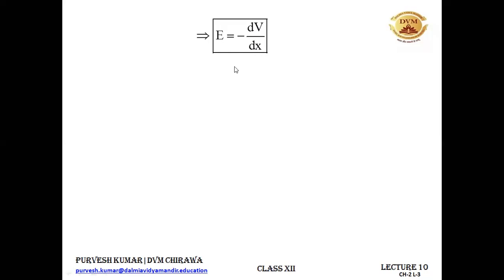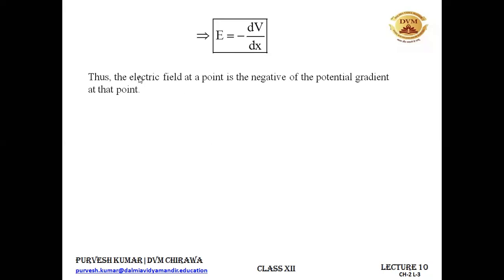In direction, it has to be minus V upon L. The electric field at a point is the negative of the potential gradient at that point. So the electric field at any point can be calculated by taking the negation of the potential gradient at that point. The quantity potential difference per unit length is known as potential gradient. dV upon dx is your potential gradient.